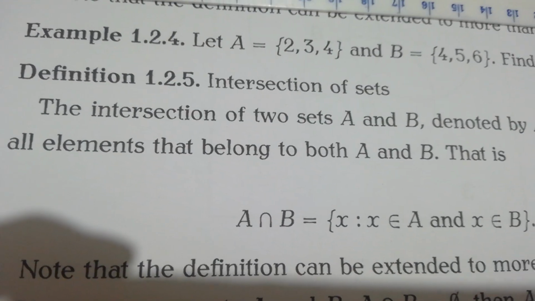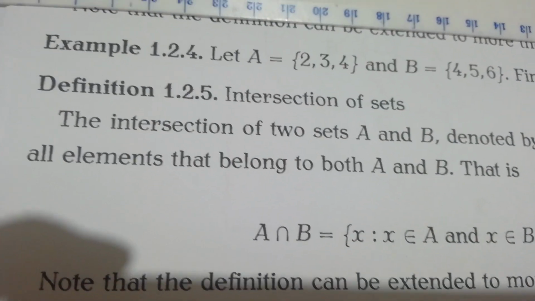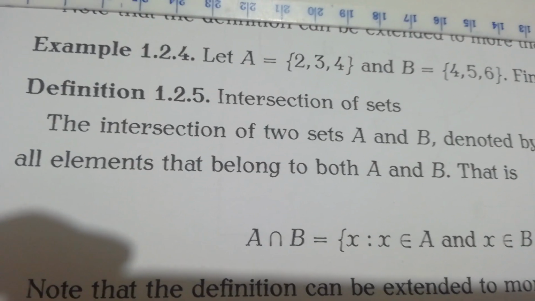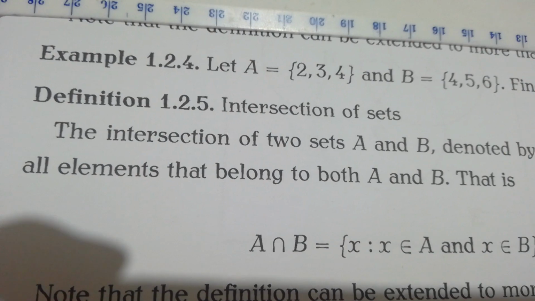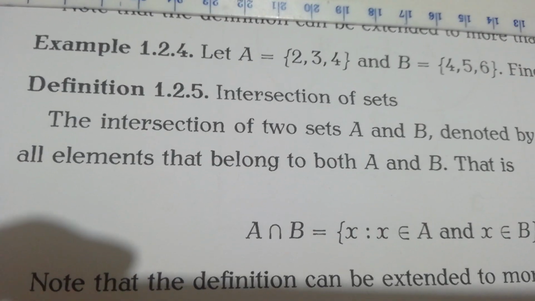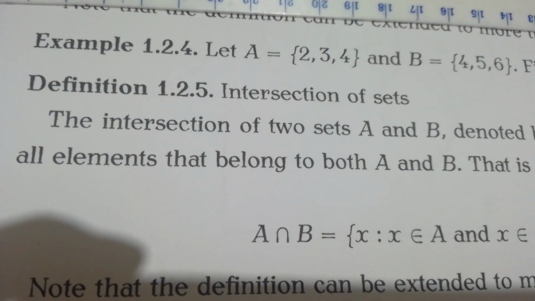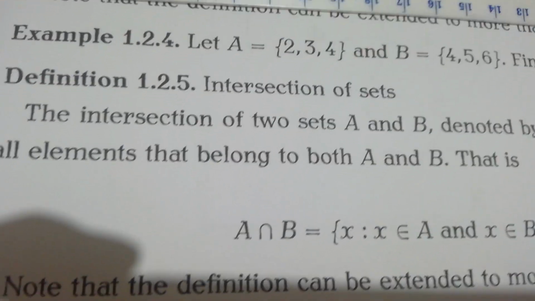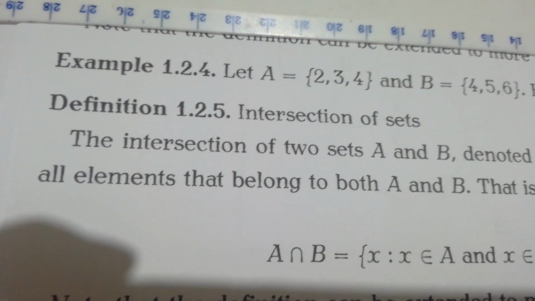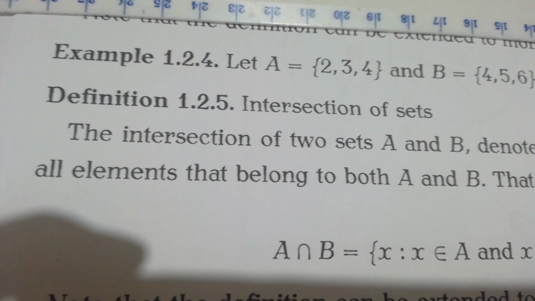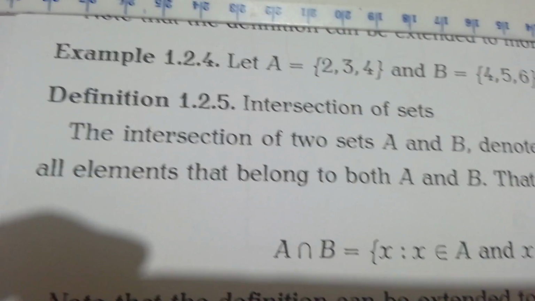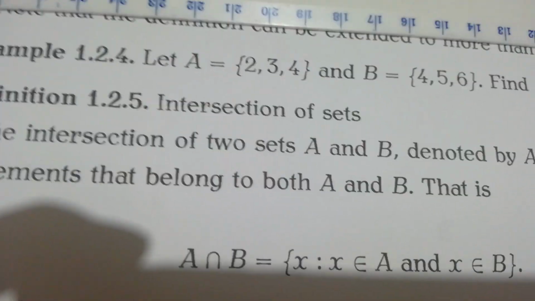Now they've used the term both, meaning the elements represented in the intersection of the set should be in both sets. If we've got set A and set B, the elements that we find in set A and the elements that we find in set B, if they are the same, then they'll make up the intersection.